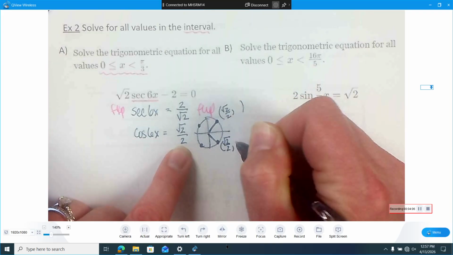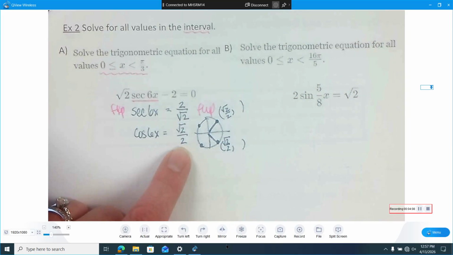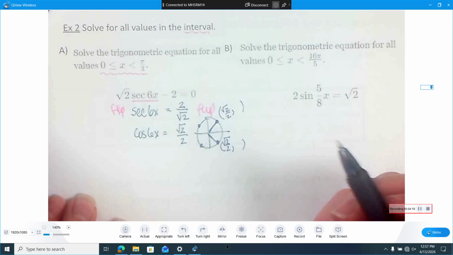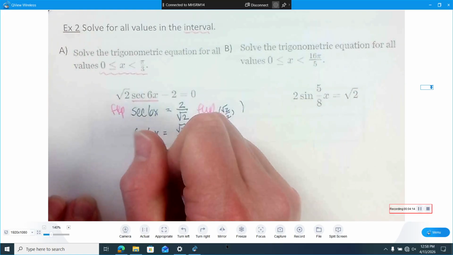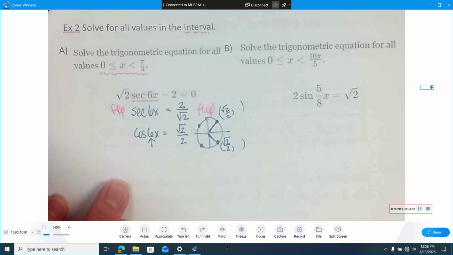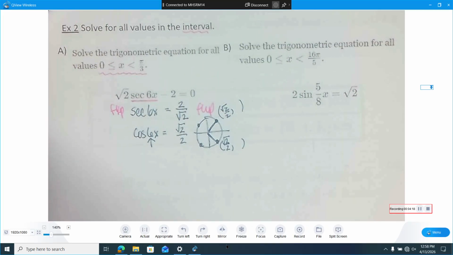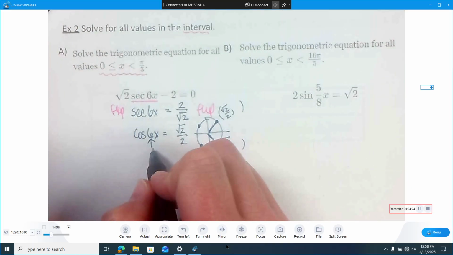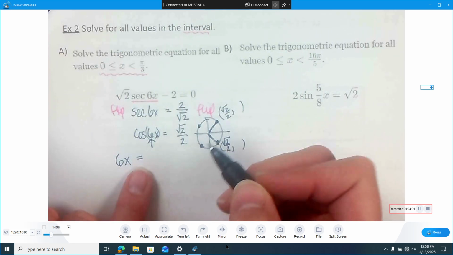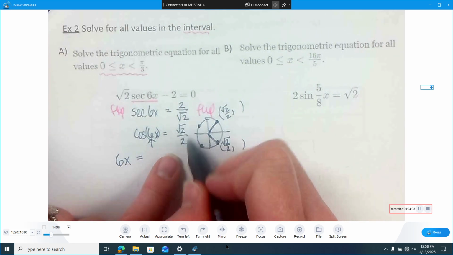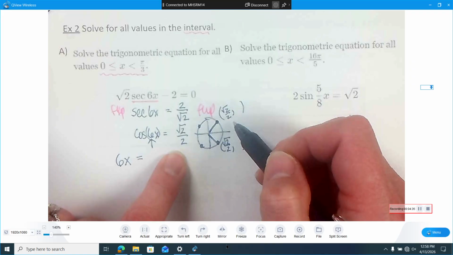Radical 2 over 2, again for that x coordinate. So what we're doing now is taking into account this 6x, and that this thing would cycle 6 times in one regular rotation. This is 6 times the angle I'm looking for, equal to all of my different places where I get that radical 2 over 2.